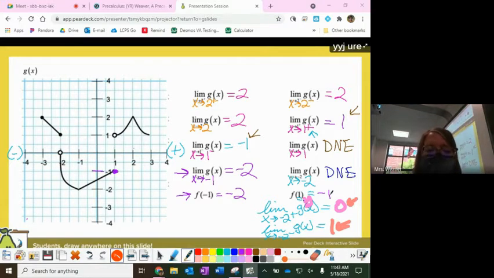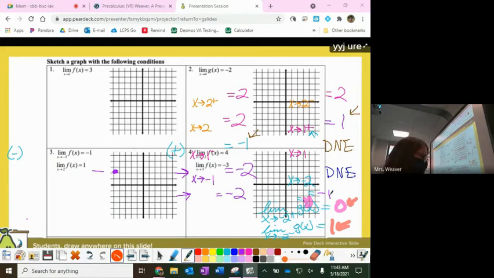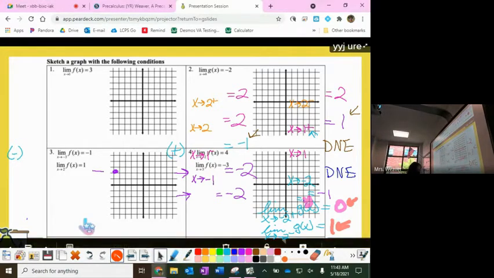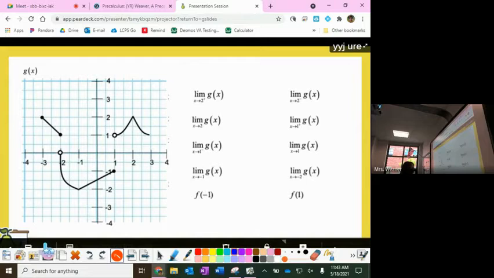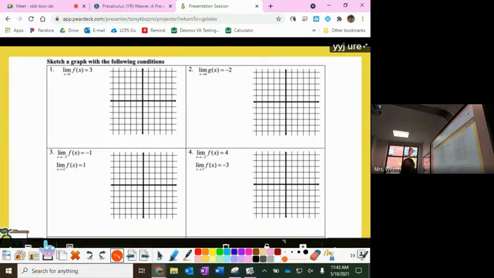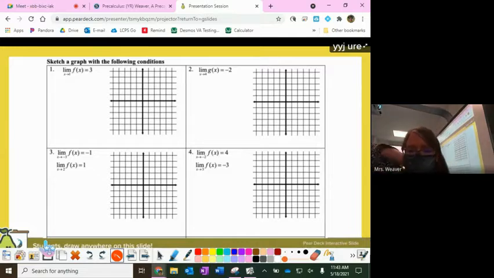Okay, so that's how we're going to do them graphically. So now let's go look at them with equations. Okay, all right, before we do equations, first we want to sketch our own scenarios to make sure that we understand this.